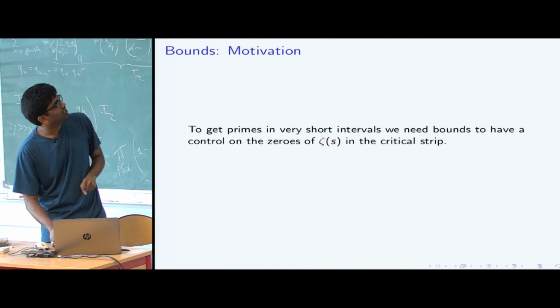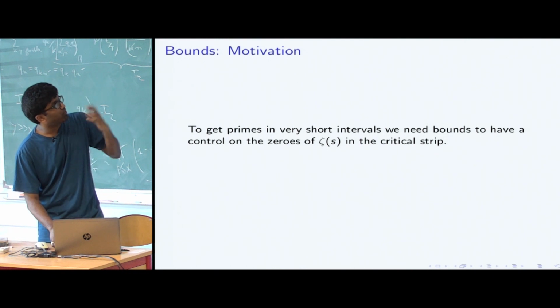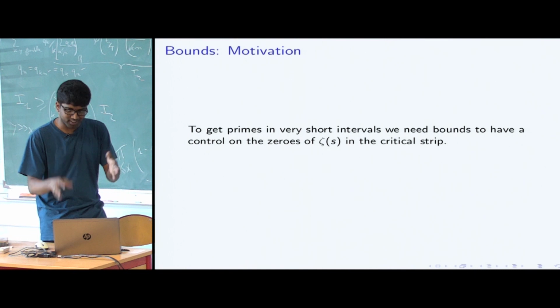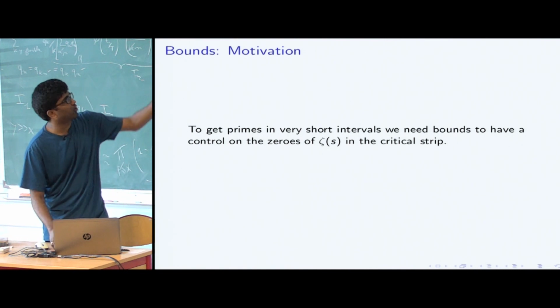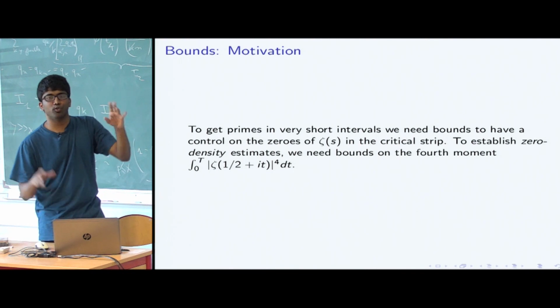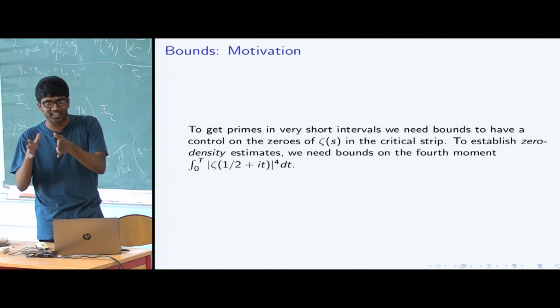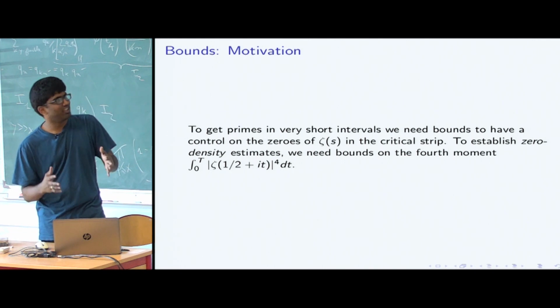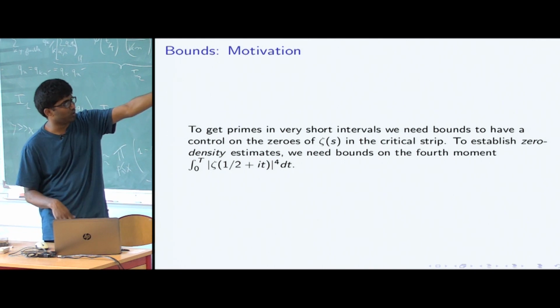So next. To get primes in short intervals, like I said, to find primes, we need to have a control on the zeros of zeta. And if you want to show that there are not many zeros in the critical strip, you want to understand the bounds on the moments of the zeta.